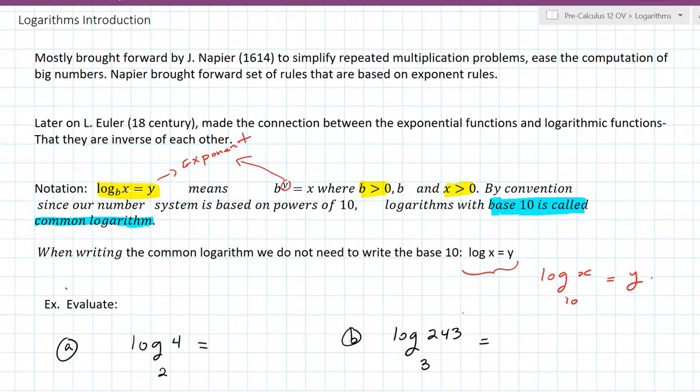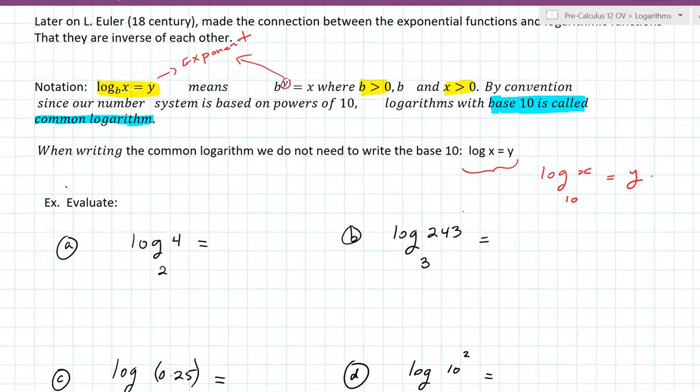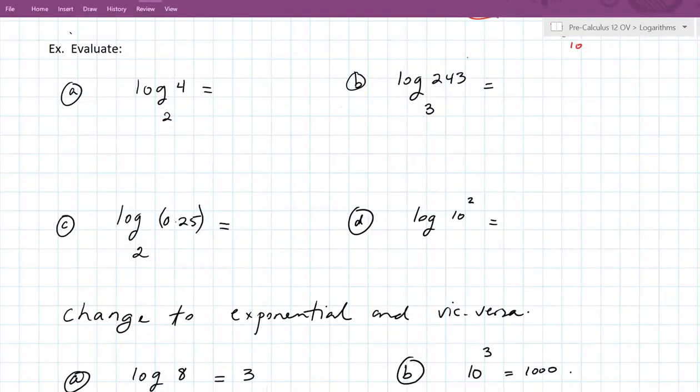Okay, let's go through and let's do some evaluation. So first, remember that the value of a log expression is the exponent. So here, the first example, example A, let's start with example A. We're saying that 2 to what exponent equals 4. And we don't know what the exponent is.